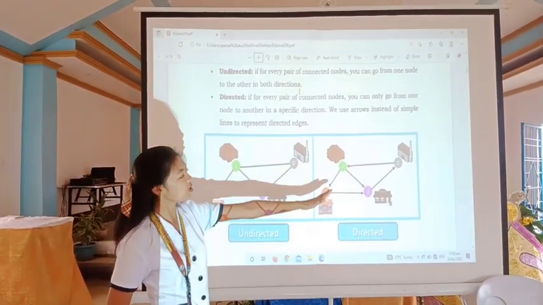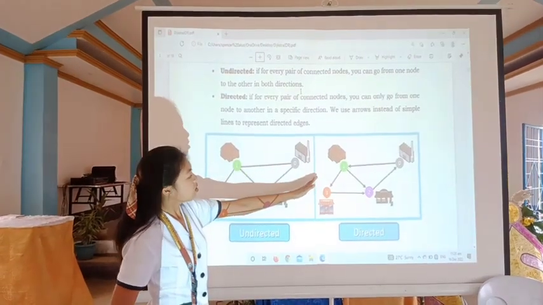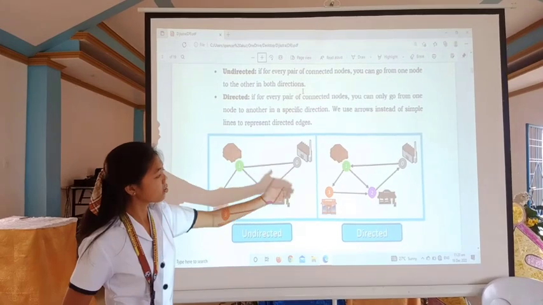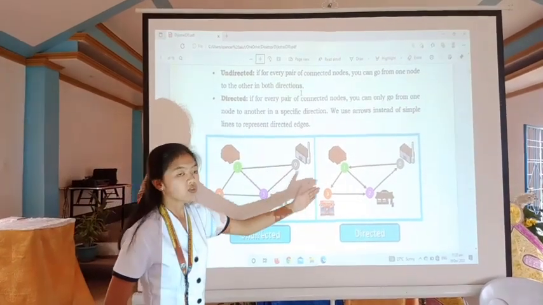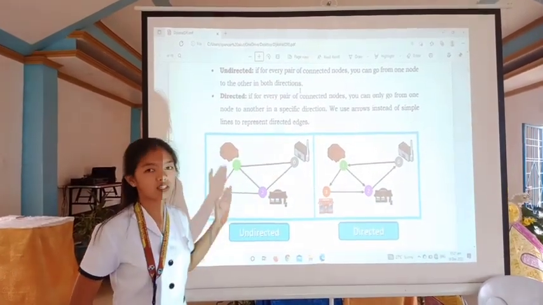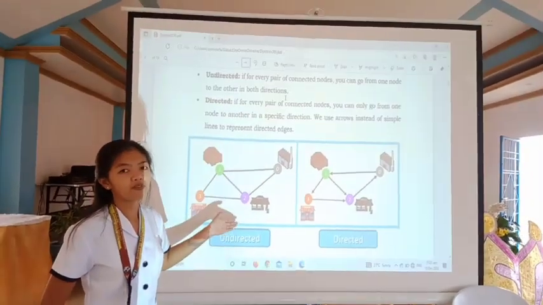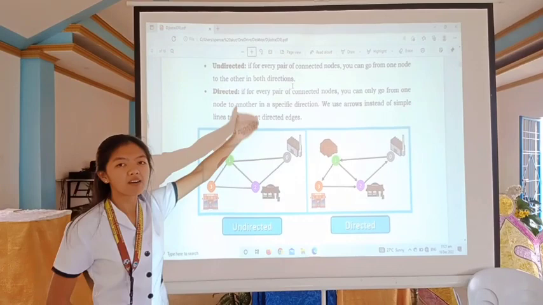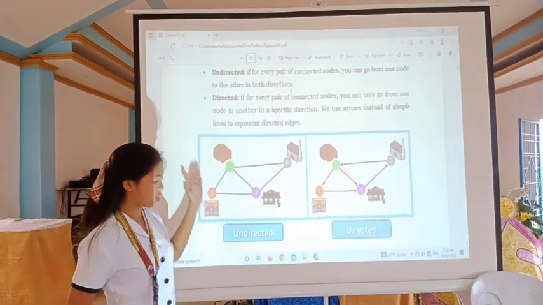We have node 0 to node 1, node 1 to node 2, node 1 to node 3, and then node 3 to node 2. The arrows help identify that we have a specific direction.